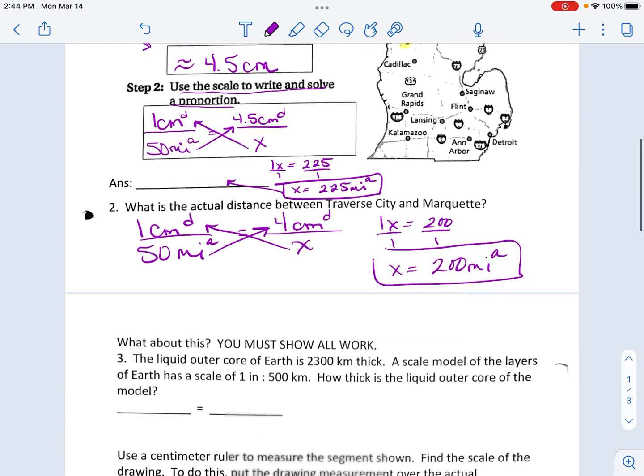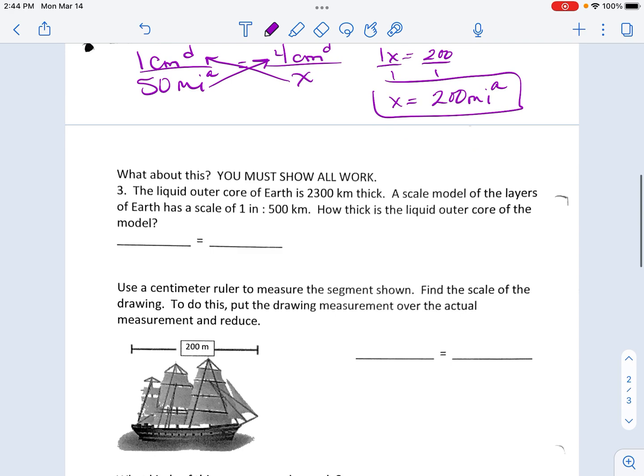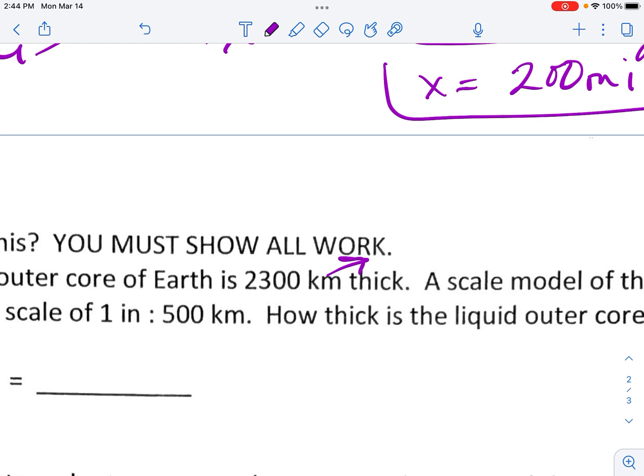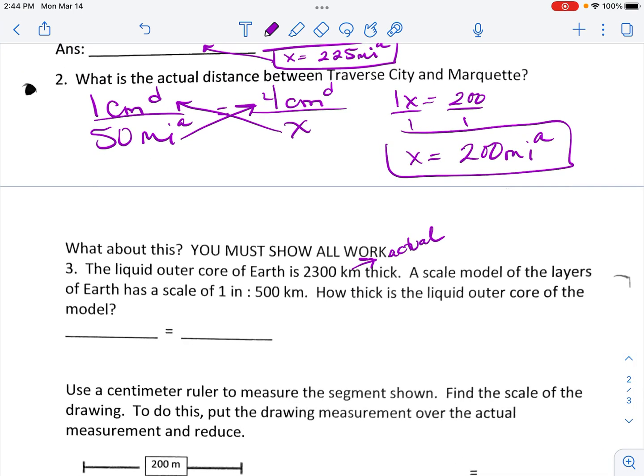On the third one, it says the liquid outer core of Earth is 2,300 kilometers thick. That is the actual thickness, right? A scale model of the layers of Earth has a scale of 1 inch is 500 kilometers actual.